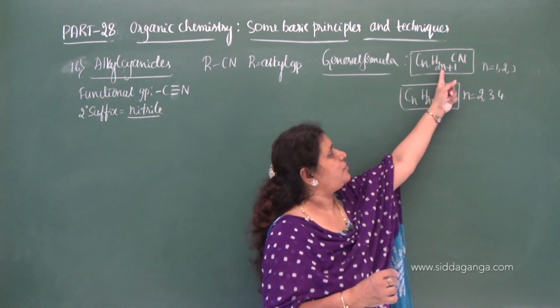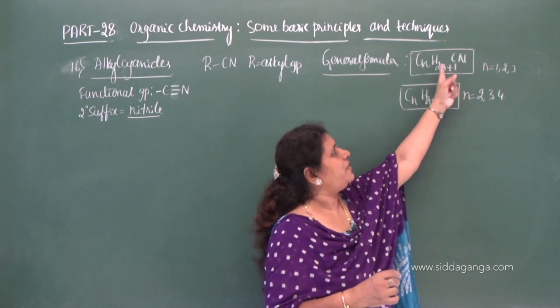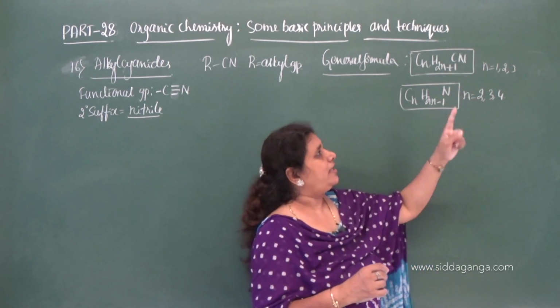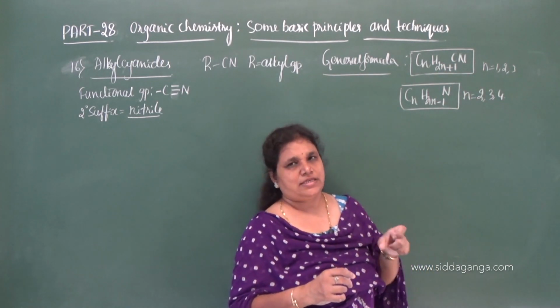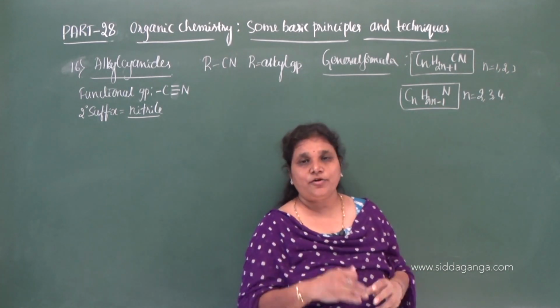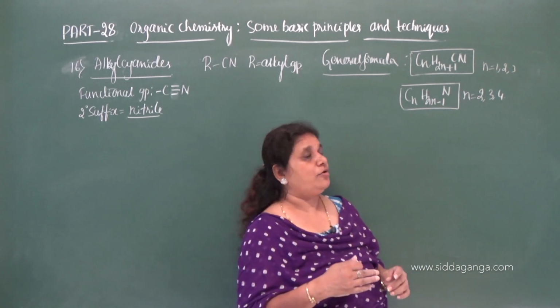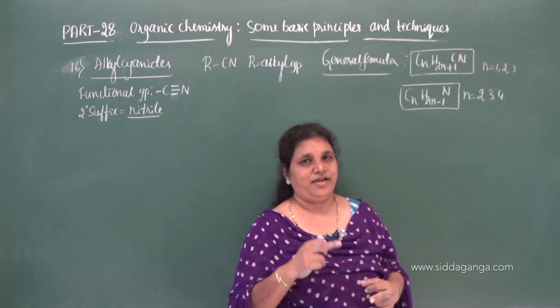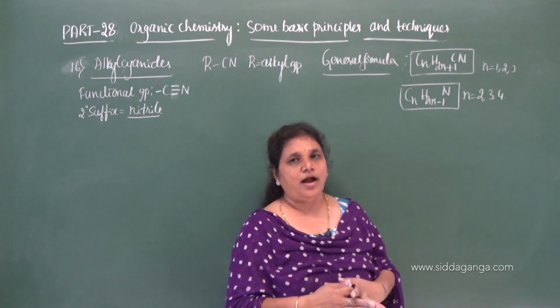C1H2 into 1 plus 1, CH3, CH3CN. So, that is the first member of the series because the functional group CN is already containing one carbon, that you have to remember, like that of aldehydes.